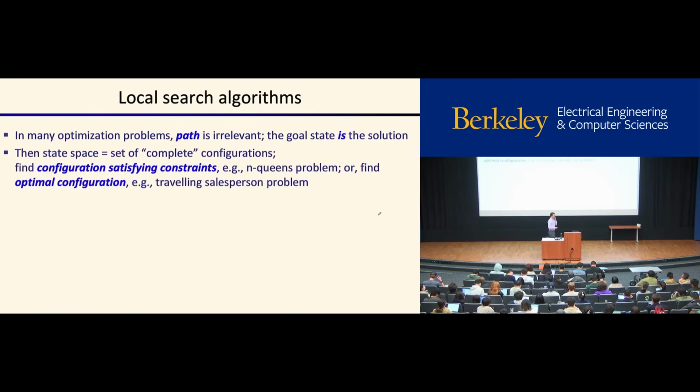The state space is still the set of complete configurations. We have to define the state space somehow. But then the goal state could just be a configuration that satisfies some constraints. The n queens problem, which looks like this, has constraints that none of the queens on the chessboard can be attacking any of the other queens.